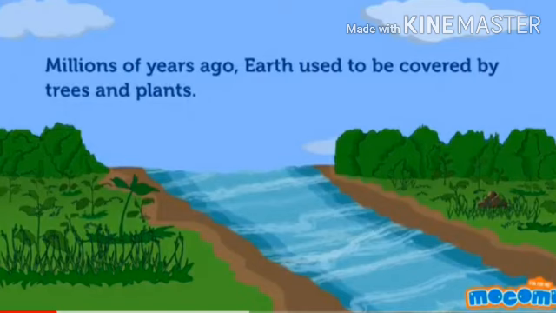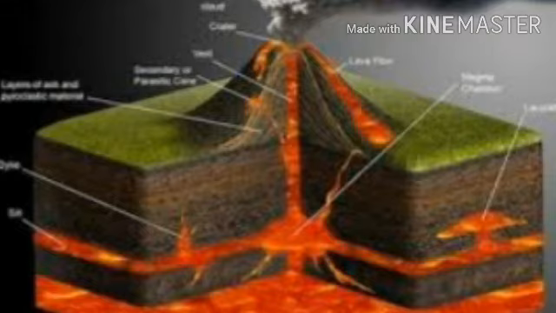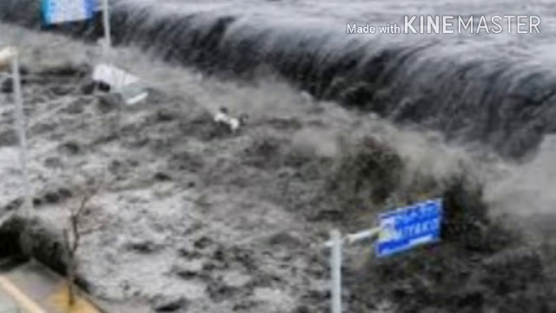About 300 million years ago, the earth had dense forest in low-lying wetland areas. Due to natural processes like earthquakes, volcanoes and floods, these forests were buried under the surface of the earth.